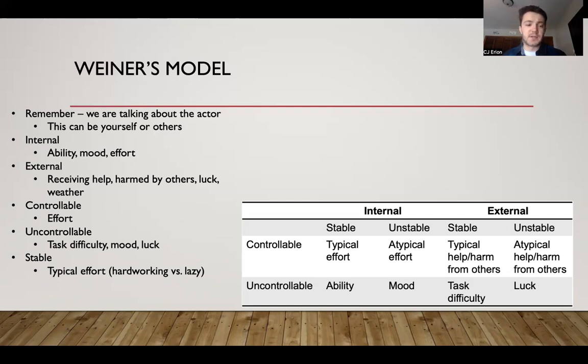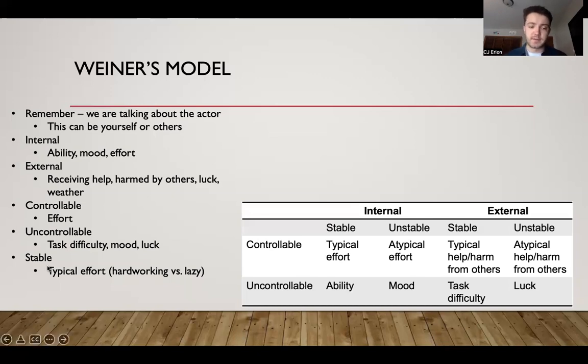Finally, we make attributions about whether something is stable or not. For a behavior that's stable, we're making an attribution that it is going to be relatively consistent over time. With effort, typical effort is something that would be stable. So whether someone is generally over time more of a hardworking person versus maybe a person that's more on the lazy side.